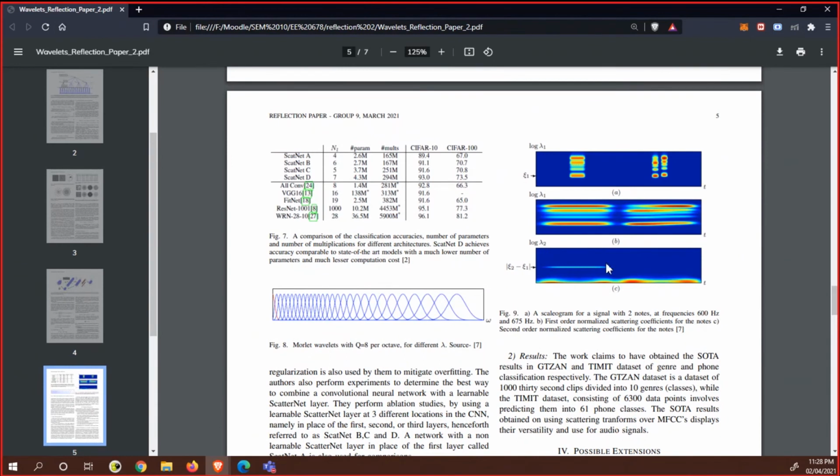And the number of computations done here for getting an inference from a learnable scatternet is also much lesser than a full convolutional network, as you can see in this table.